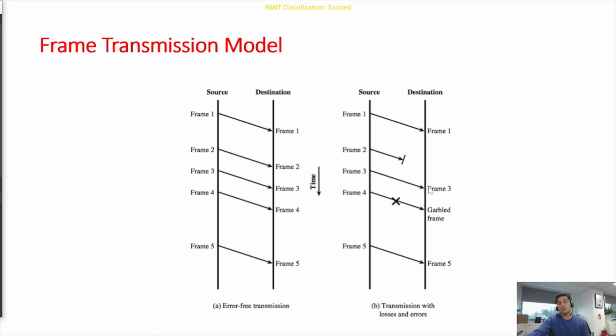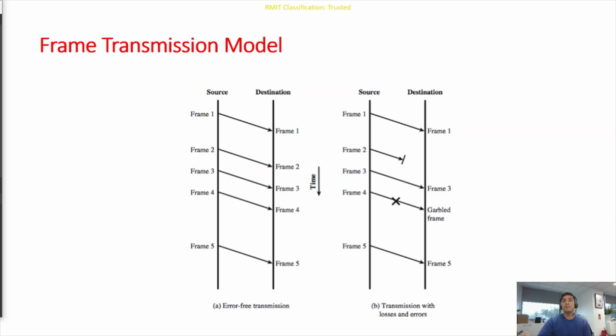It is received successfully by the destination. Frame 4 sent by the source is received by the destination. However, the received frame has some error in it. And then frame 5 is received successfully by the destination. So in this model, there are some errors and losses in the transmission.